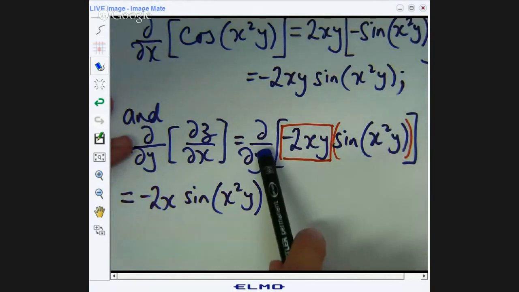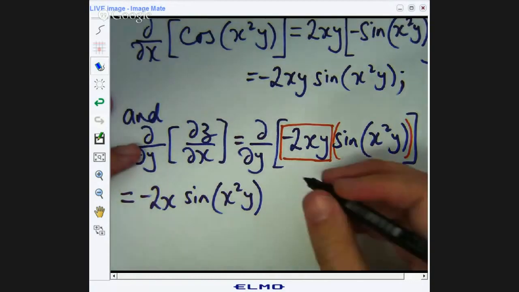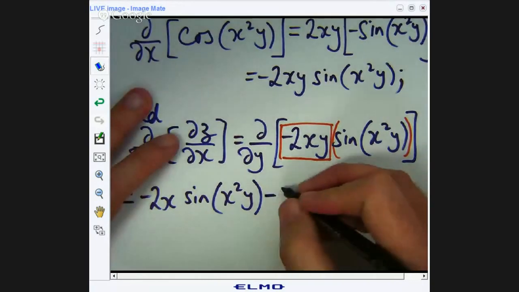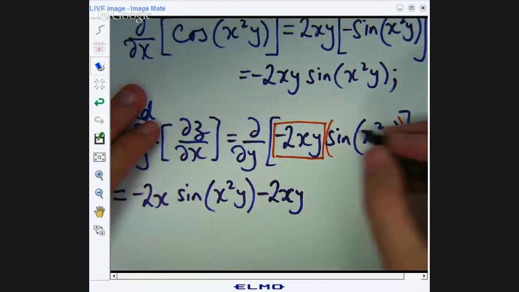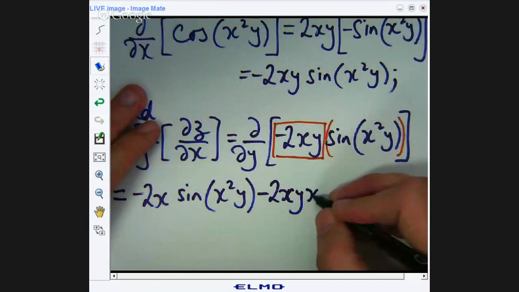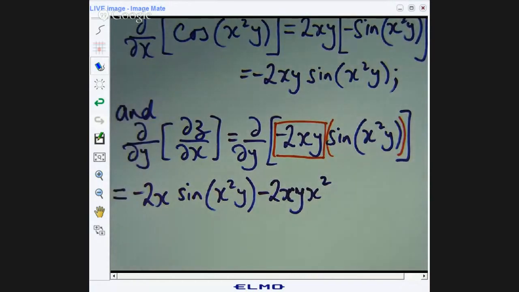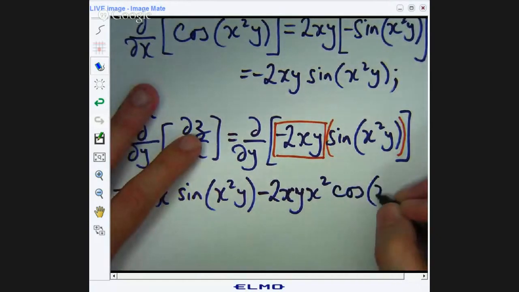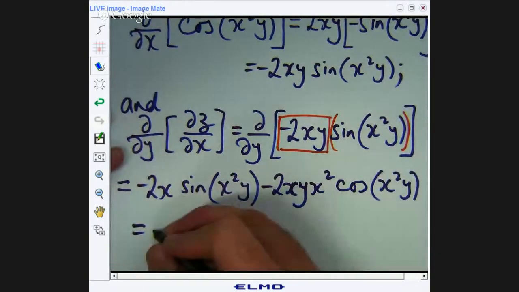If I want to compute d/dy of this, the derivative with respect to y comes to the front from in the bracket, so that'll become x squared, and the sine goes to cosine. So I'll get an x squared out the front, and I'll be multiplying by cosine x squared y. So let's pretty this up a bit, and we're finished.